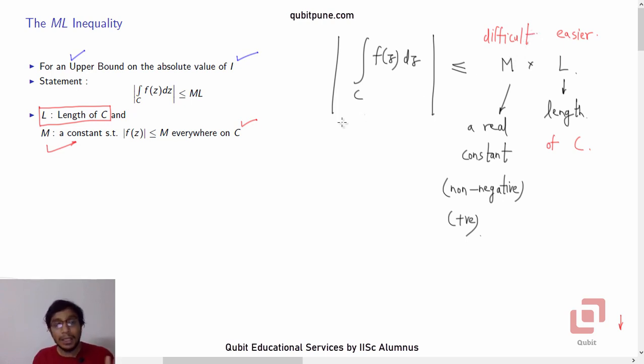Now, some people think that ML inequality requires you to have, let me put it in this way, the bound that you get on the absolute value of the integral need not be the least upper bound.